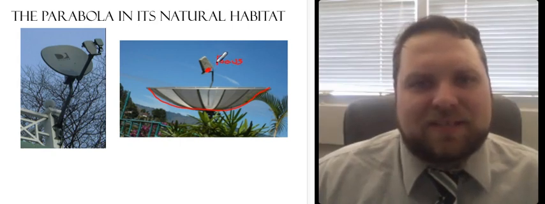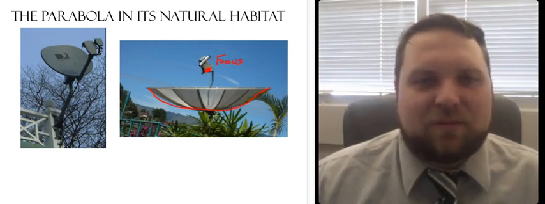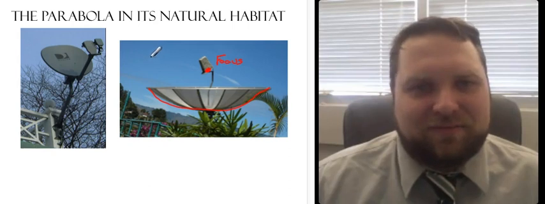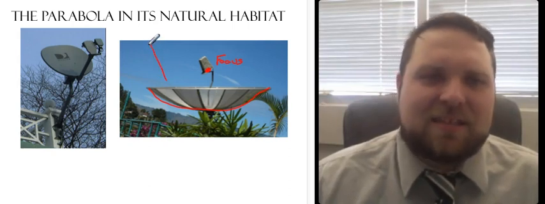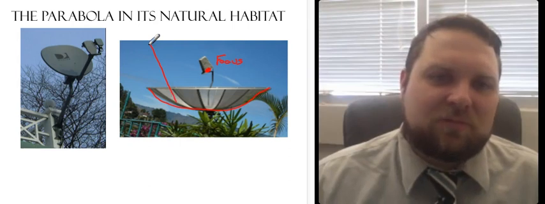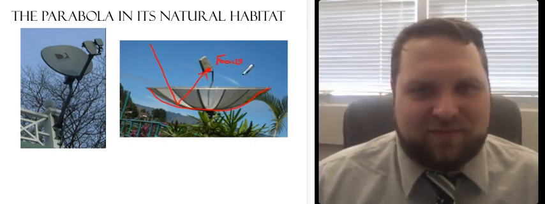And so what happens if you take, say, radio waves from a satellite, or basically any kind of wave for that matter? As it travels into the dish, it will reflect off the surface of the parabola, and every bit of it ends up right at the focus.